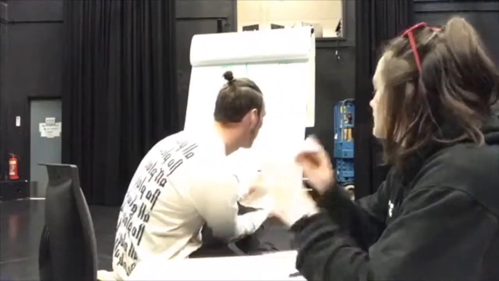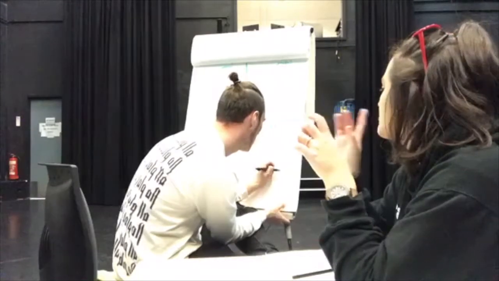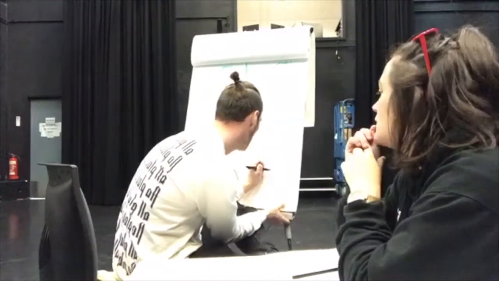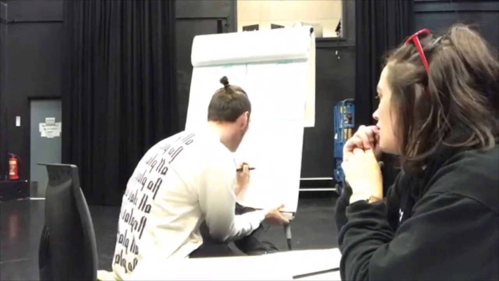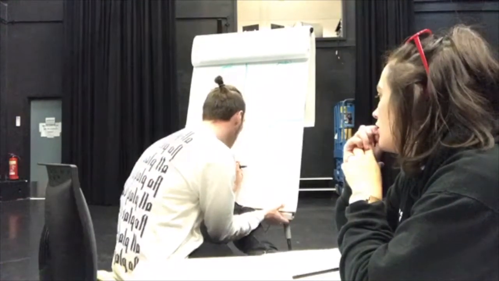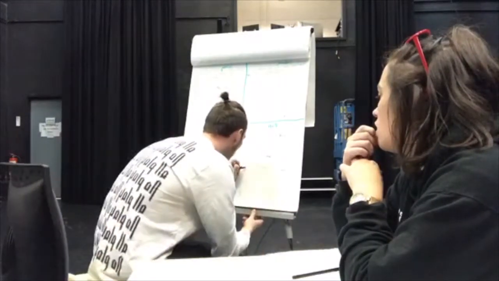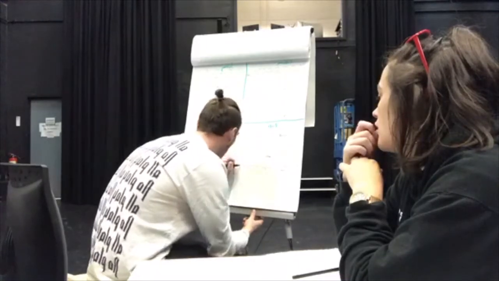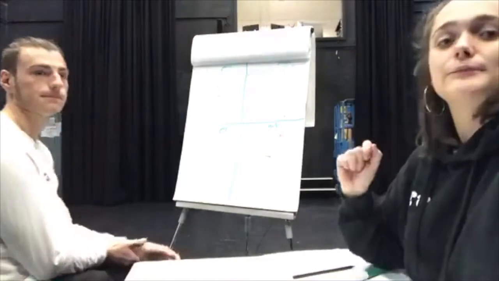Props: there's loads. Scissors. Should we just put torture weapons? We'd have to write all of them. And glasses. Clipboard. Right, that's that one done.